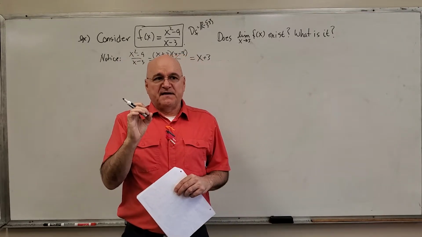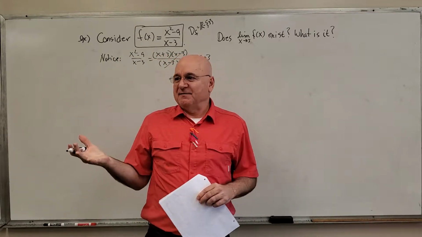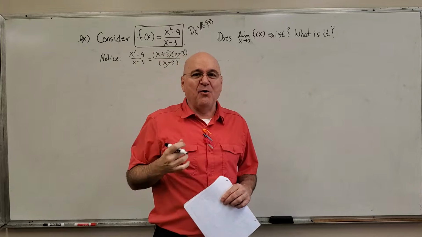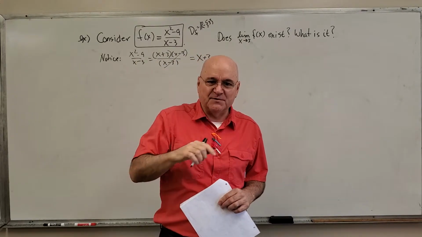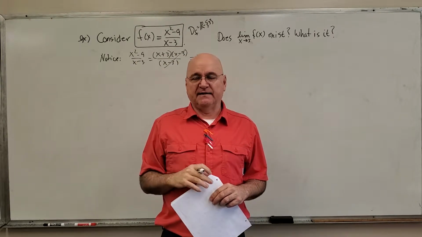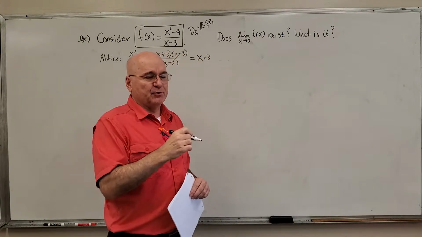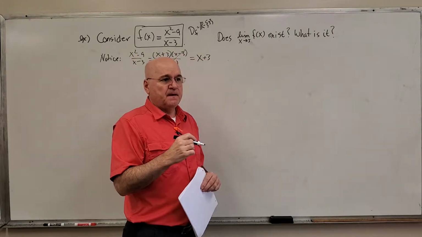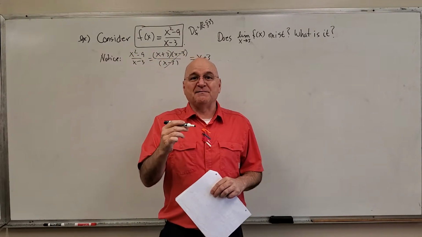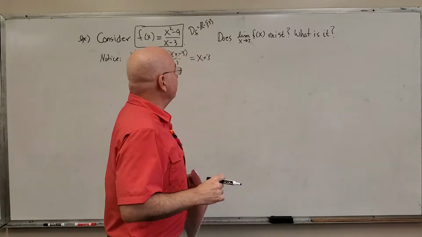But the limit exists, and we might be able to guess what the limit is. Just fill in that hole in the graph, make it a continuous function, and we know exactly what that limit is. Because remember, when we want to prove that the limit exists, we have to know what the limit is in order to prove that using the definition.